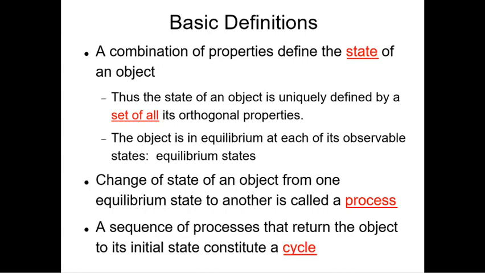And if after a sequence of processes an object regains or returns to its initial state, then it's said to have executed a cycle. So if I plot on the state space, so let us say two independent properties define the state of an object. So I have an x-axis which is one property and y-axis another property. So I can mark the state of an object on that graph.